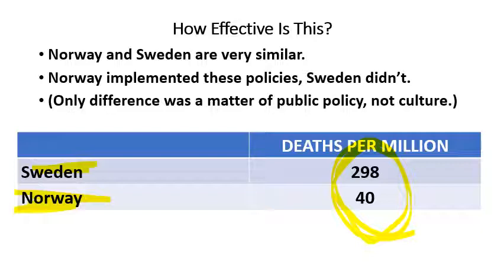You can see the difference in infection when you simply implement a different government policy. Just by having a government policy that requires you to stay inside, wear a mask when you go out, and so on, this is as close to a controlled experiment as we can get to show that the government policy does make a huge difference. The government policy makes a very big difference. And so this I would consider as proof.